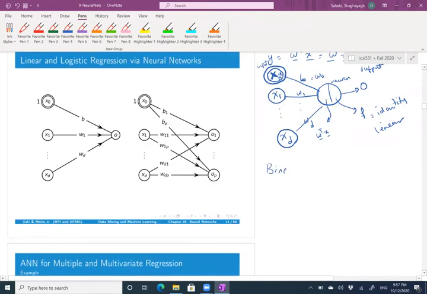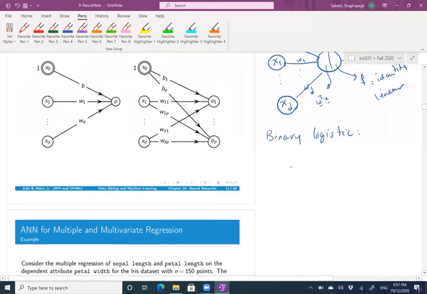So in case of binary logistic regression, we are going to have, again, the same X0, X1, etc., XD. These are our input layers. We have the weights B, W1 until WD.